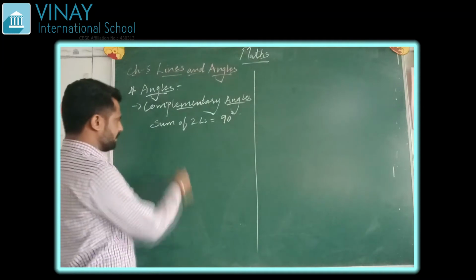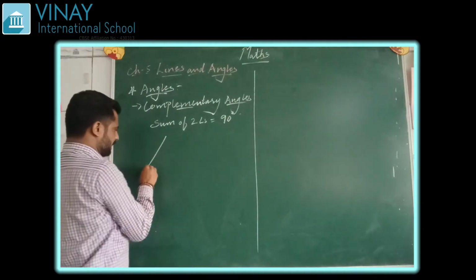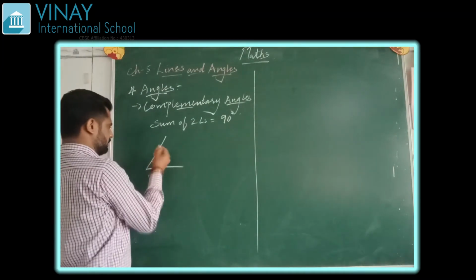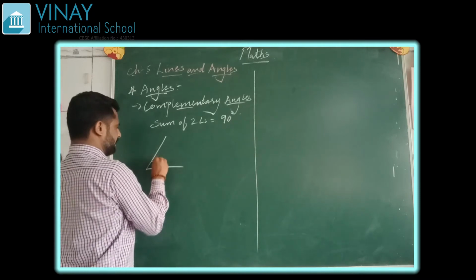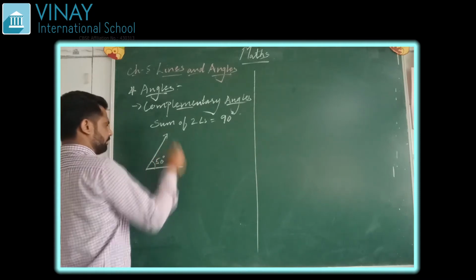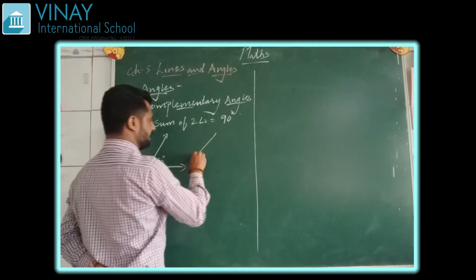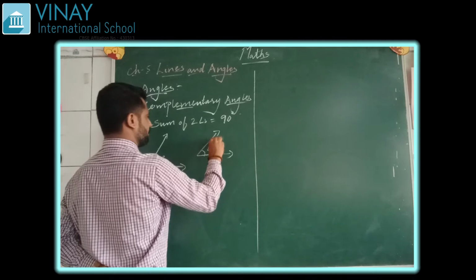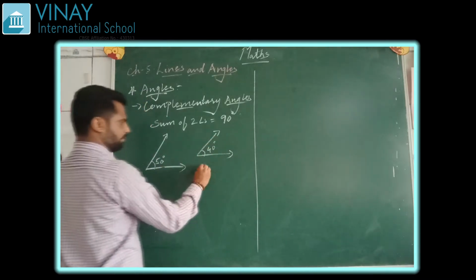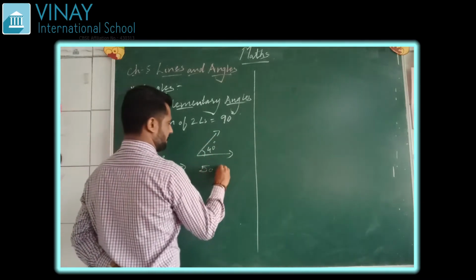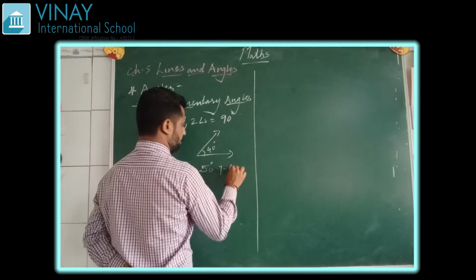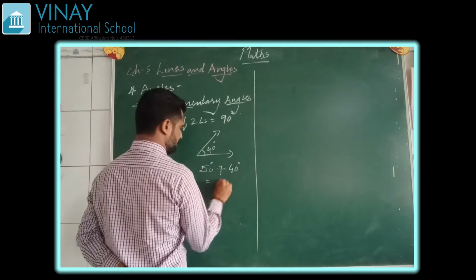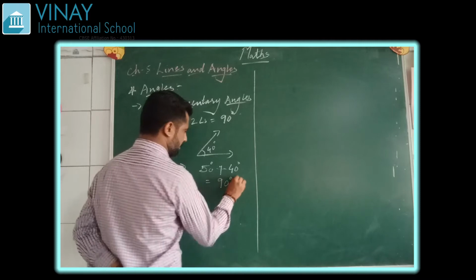It means that if one of the angles is, suppose, 50 degrees and another angle is, let us say, 40 degrees, then 50 plus 40 degrees is equal to 90 degrees.